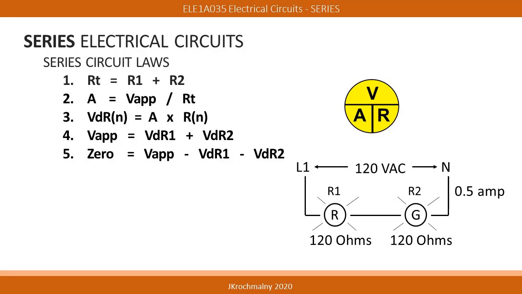VD, the voltage drop, R1, that particular first load. If we take the voltage being applied to the series circuit and subtract from it all the voltage drops appearing across each load, the value of 0 will be measured.